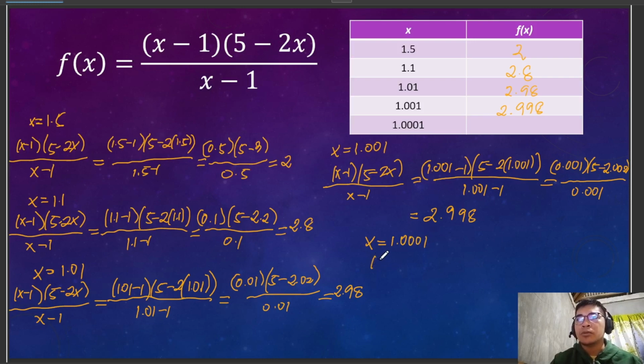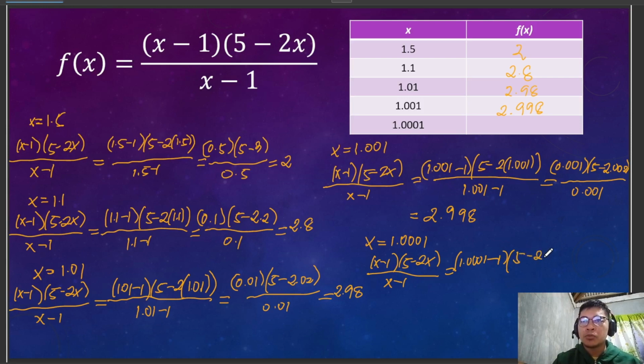And the last is x equal to 1.0001. So x minus 1 times 5 minus 2x over x minus 1 is equal to, substitute, 1.0001 minus 1, then 5 minus 2 times 1.0001. Denominator, we have 1.0001 minus 1.